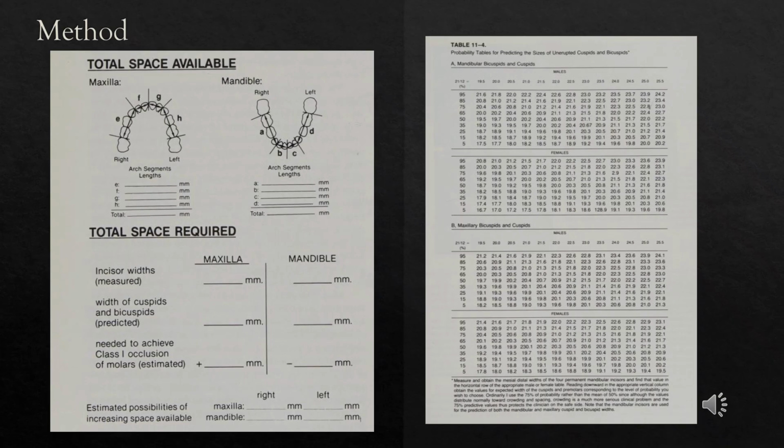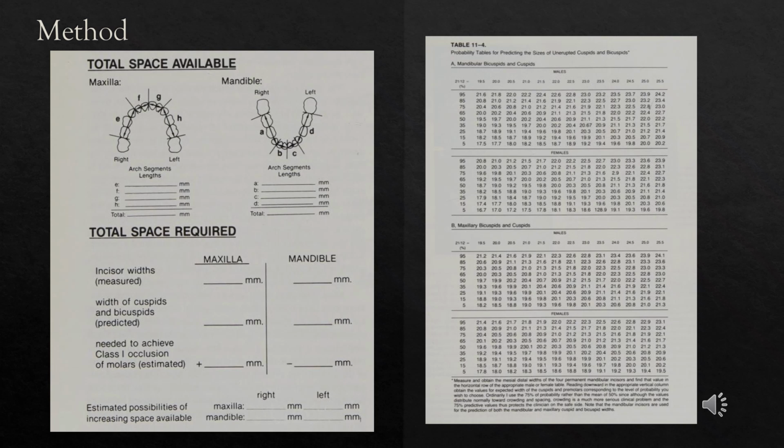Moyers developed prediction tables derived from extensive statistical studies on various populations, and these tables provide the predicted sum of the widths of the permanent canine and two premolars in one quadrant, based on the cumulative width of the four mandibular permanent incisors. The tables typically offer predictions at different probability levels, for example 50%, 75%, or 95%, and this allows the clinician to choose a confidence level.